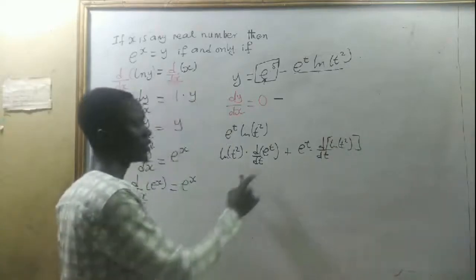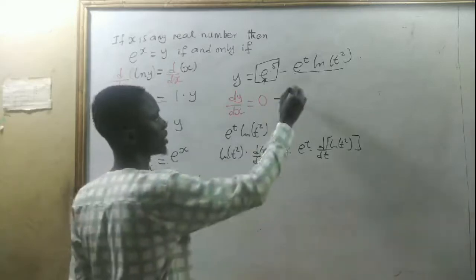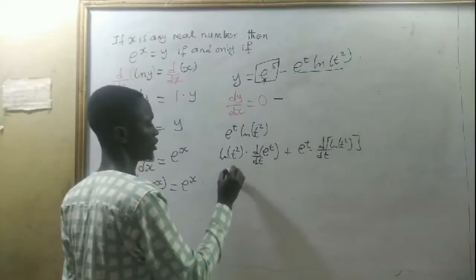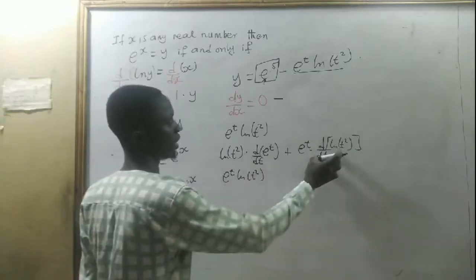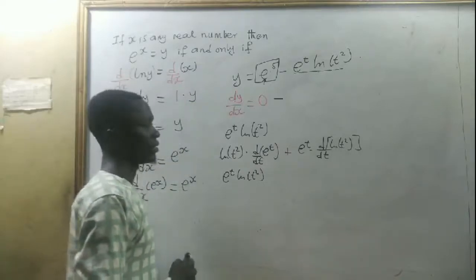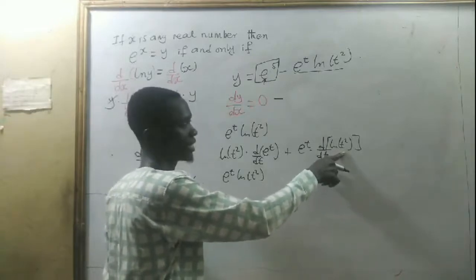So if we differentiate e to the power t, we get the same e to the power t. So we are going to get here, let me put them here first, e to the power t ln of t squared. And here, what are we going to get? I said, watch the video on derivative of natural logarithmic function.